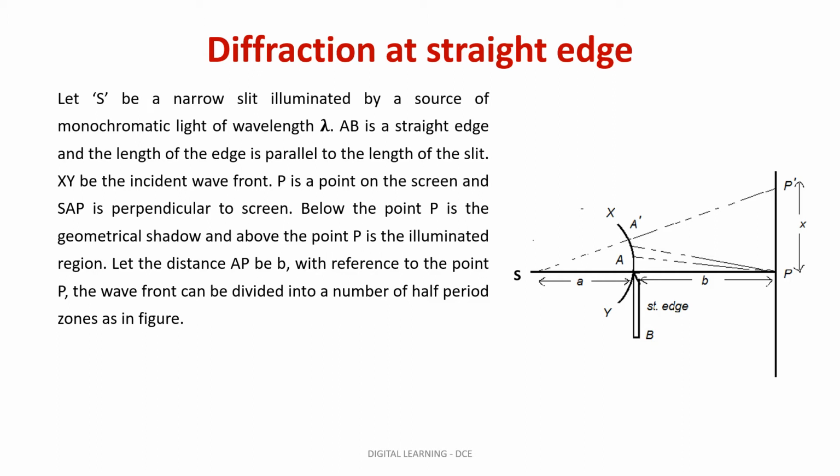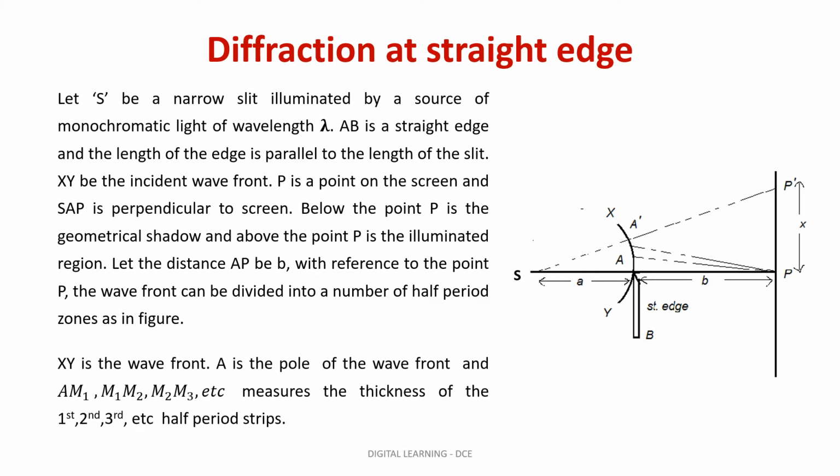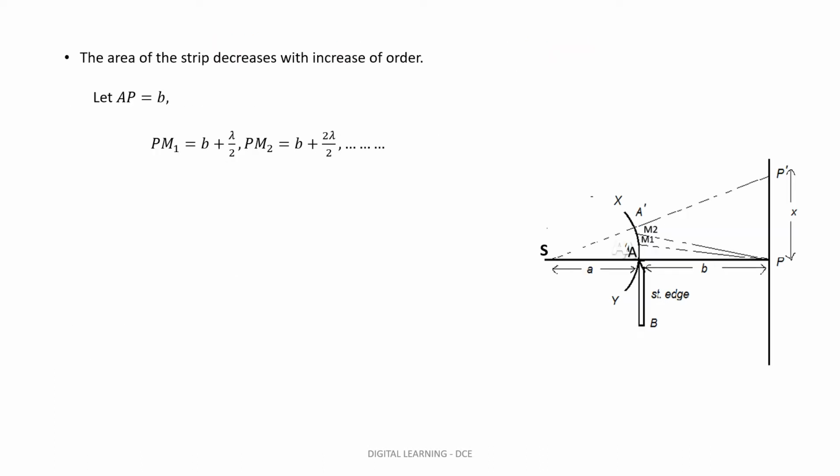Let us study the condition for this phenomenon to occur. Now let us divide the wavefront XY into a number of half-period zones like AM1, M1M2, M2M3, which measure the thickness of the first, second, third, etc. half-period strips. The area of the half-period zones decreases with increase of order.